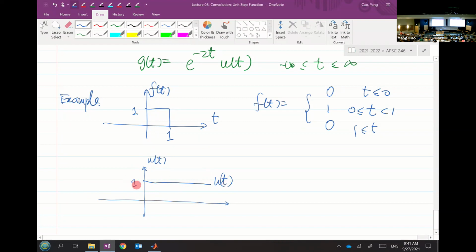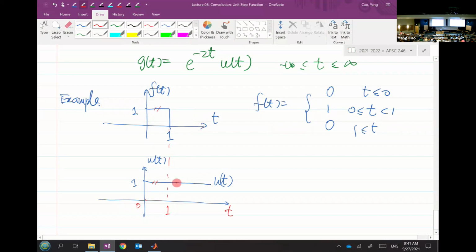From 0 to 1, these two are equivalent, except that after t equal to 1, you still have a continuation here, and this one goes back to 0 now.